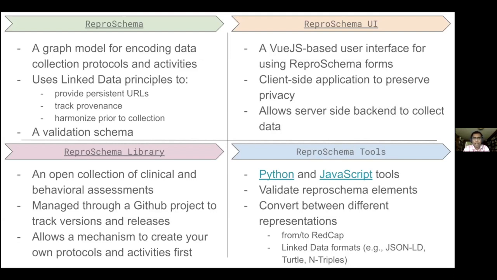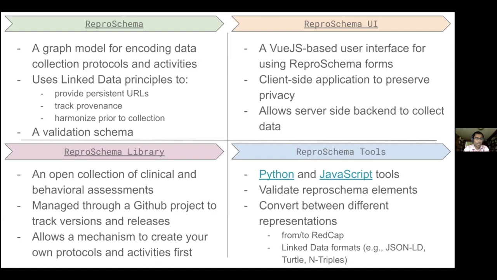Alongside the data model itself, it also provides a validation schema that allows us to validate data collected using various elements of the schema, or validate pieces that are constructed using elements of the schema.